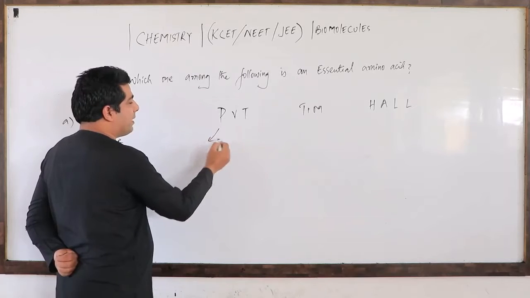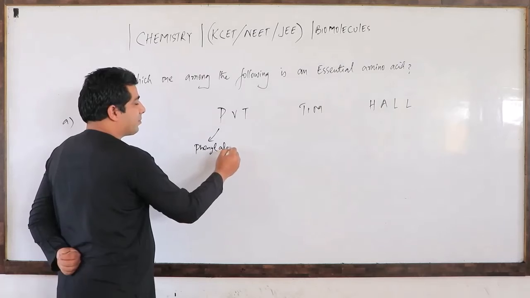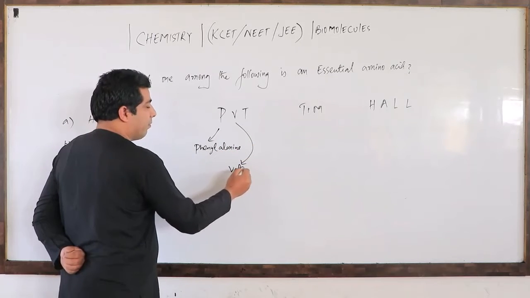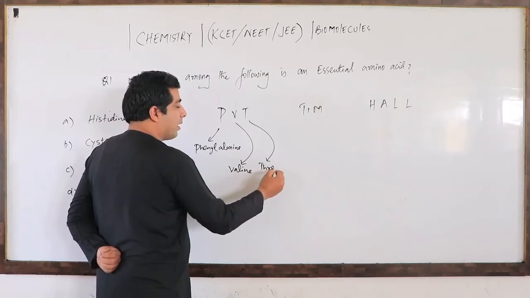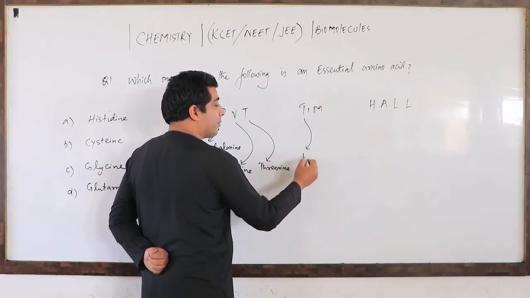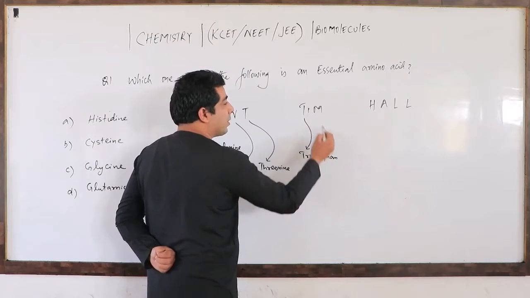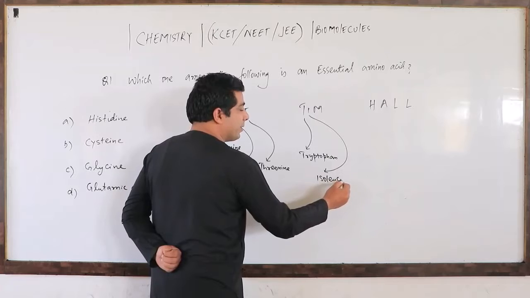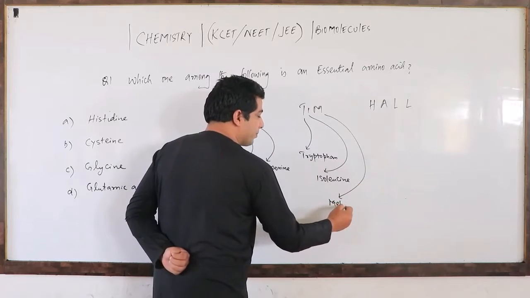This P stands for phenylalanine, V stands for valine, T stands for threonine, and this T stands for tryptophan. I stands for isoleucine, M stands for methionine.